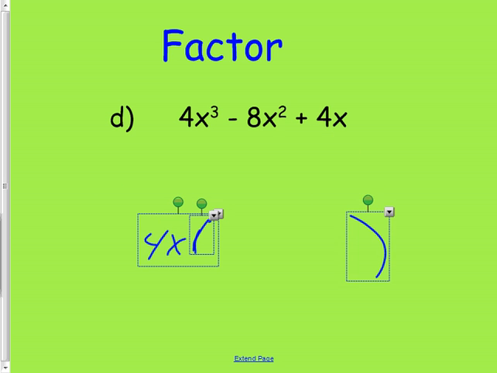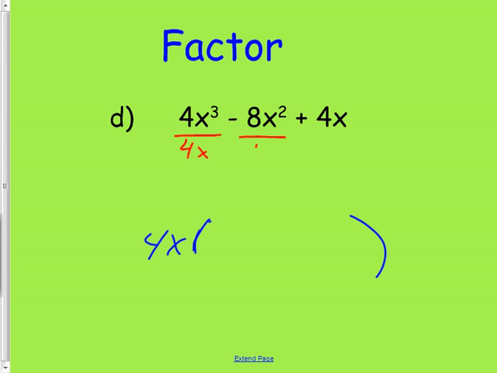When you're factoring out that 4x, do you get what you're really doing to each of these terms? I take out a 4x. What does that mean? Divide by 4x. Divide by 4x. Divide by 4x. That's how I get this part right here to be x squared.